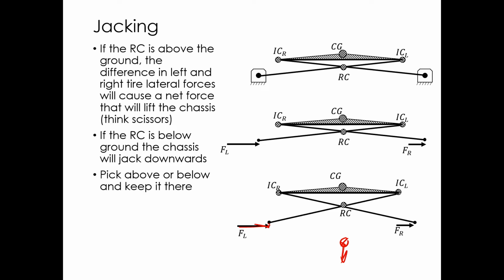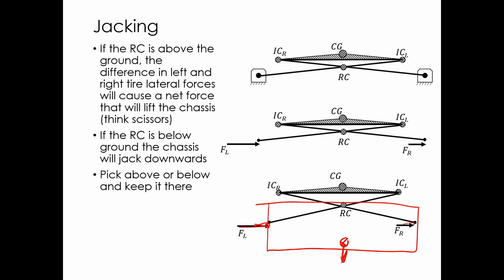And the same things apply. As this moves further down, it's going to get worse, and at some point it's going to stop getting worse, because as these things move in and out, there's just not a lot of up and down motion at that point. But by then, your roll center is so far away from your CG that bad things are happening anyway. So there's some zone around here where you want the roll center to be.